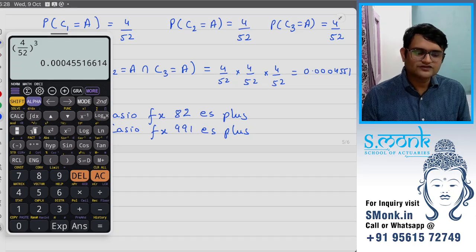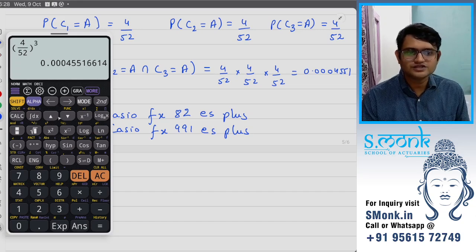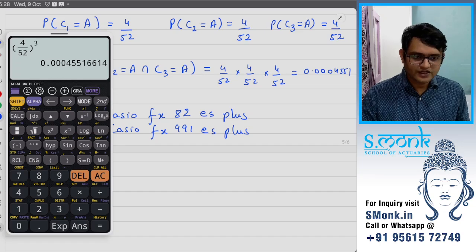But by any chance, if you're downloading an app, make sure that it has these navigation keys. I just searched scientific calculators and I found one with these 4 navigation keys. This is going to be important. The layout of this is almost the same as the physical calculator. That is why I have taken this.